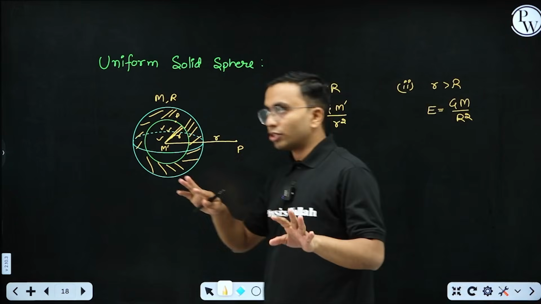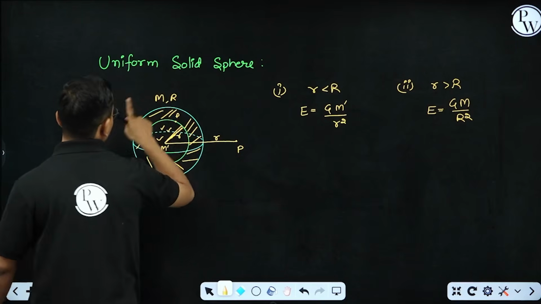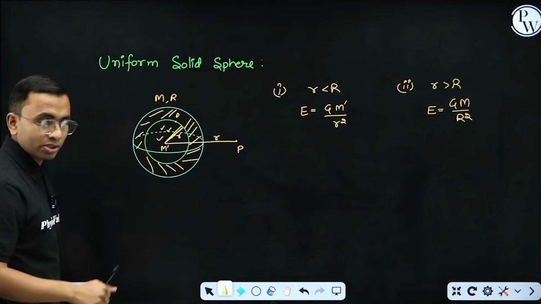Now this is a uniform solid sphere, which means the mass per unit volume is constant.